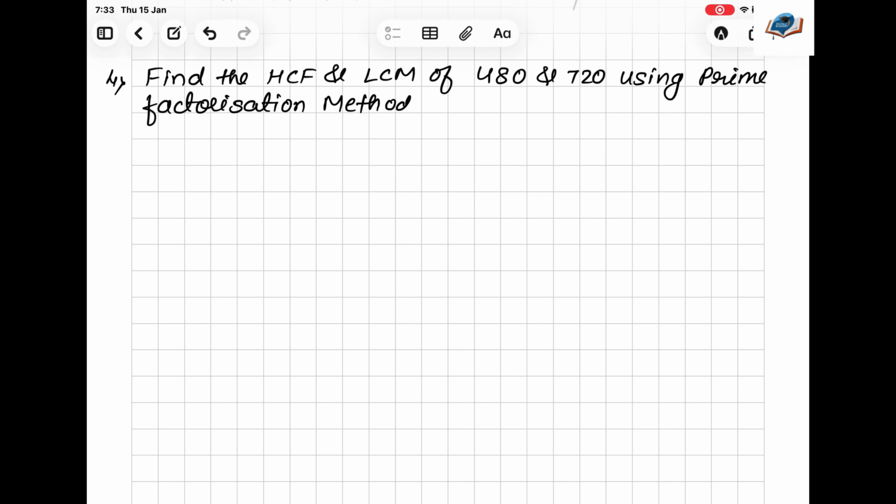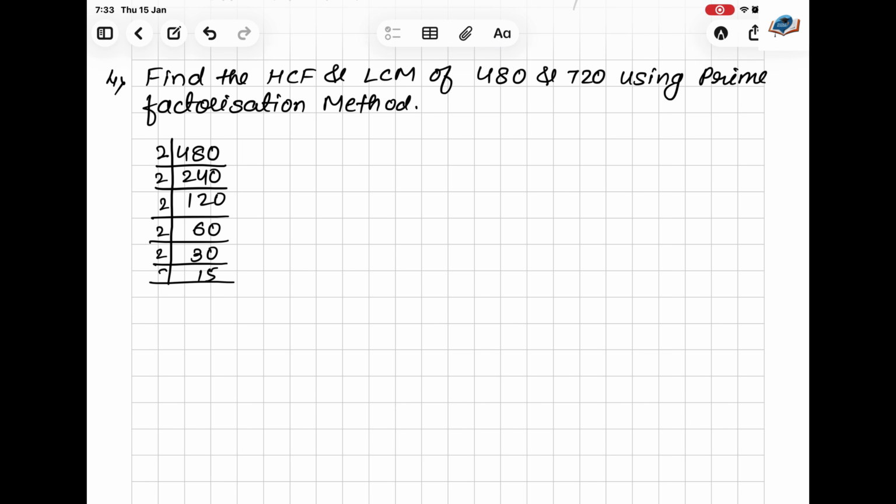So here, if I do prime factorization of 480, so 2, 240, 2, 120, 2, 60, 2, 30, 2, 15, 3, 5 and 5, 1.